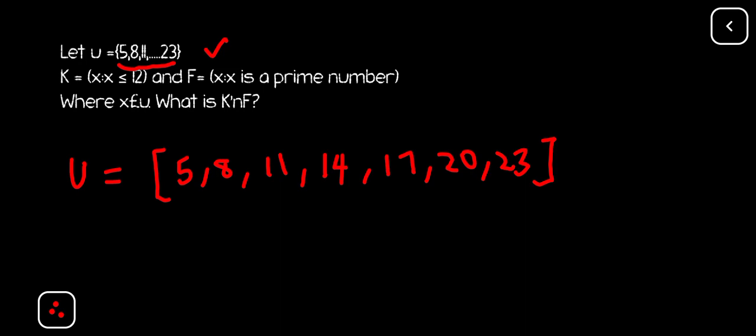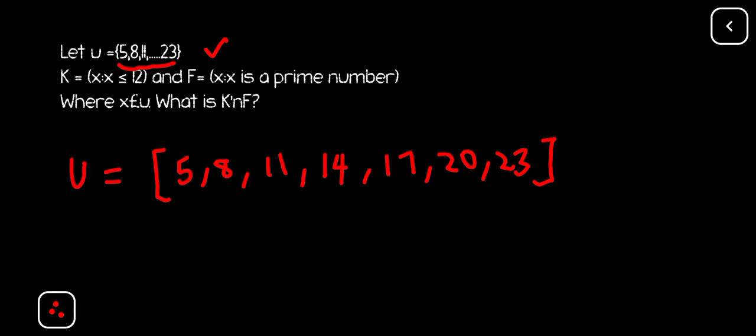All right. So this will really help you if you're able to follow the pattern and get it right, because the preceding questions will affect you if you do not know the universal set correctly. All right. Now let's continue the question. They say K is x, where x is less than or equal to 12.